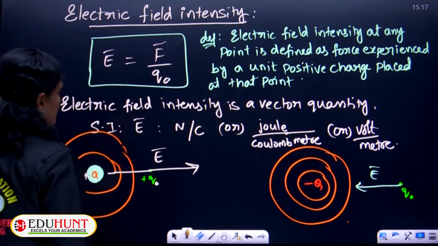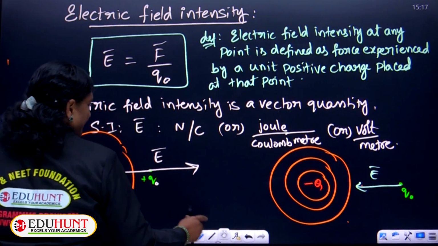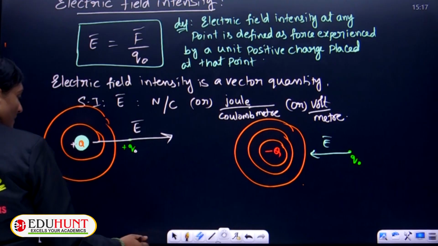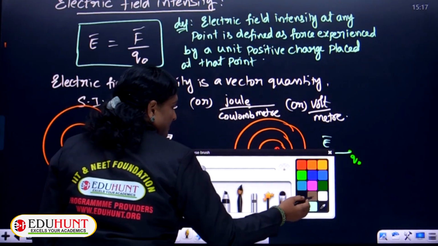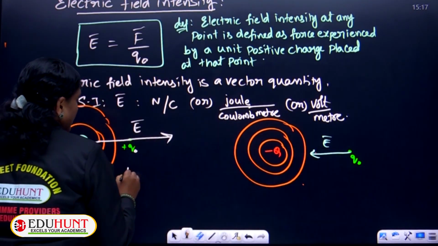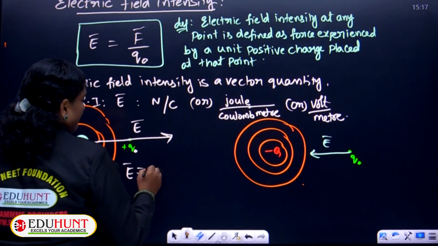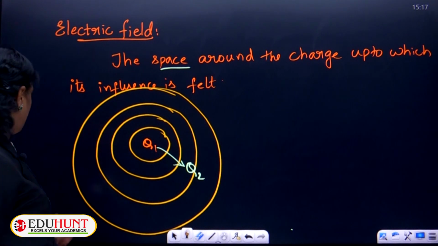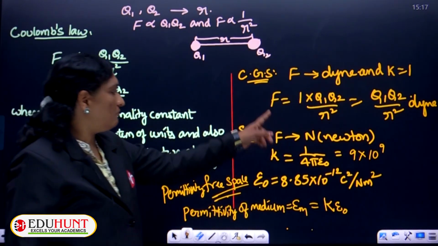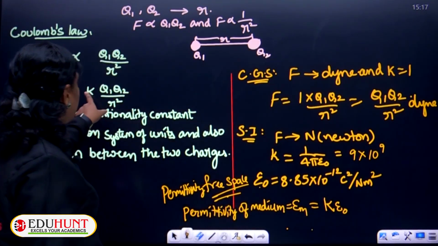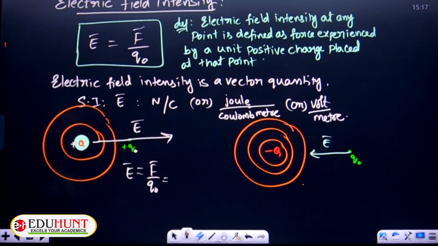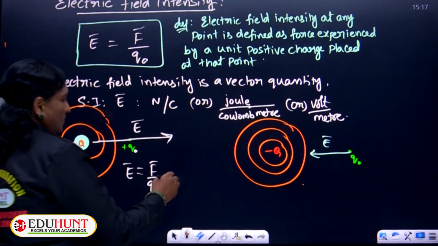First of all, let us give the formula for electric field intensity, which is not prescribed in your materials, but let me tell you. The electric field intensity formula is E bar equals F bar upon Q0. But we know the formula for F as 1 by 4 pi epsilon, that is K times Q1 Q2 by R square. Taking Q1 as some Q and Q2 as the test charge Q0, F is equal to K Q Q0 by R square.